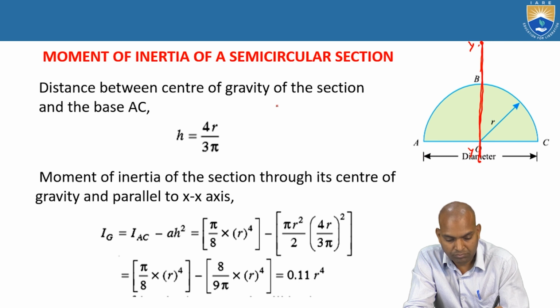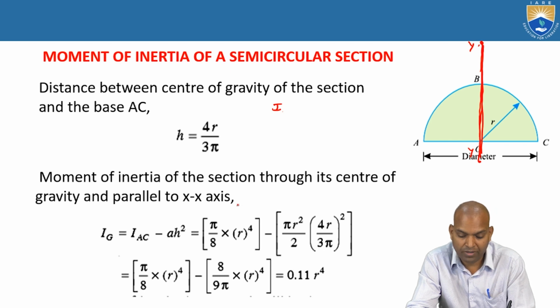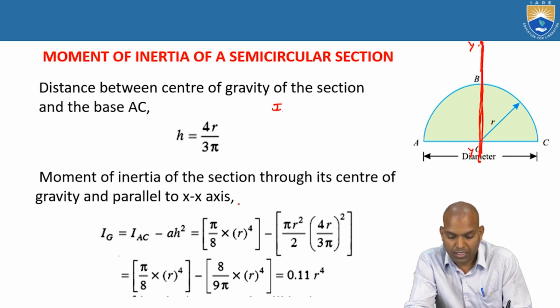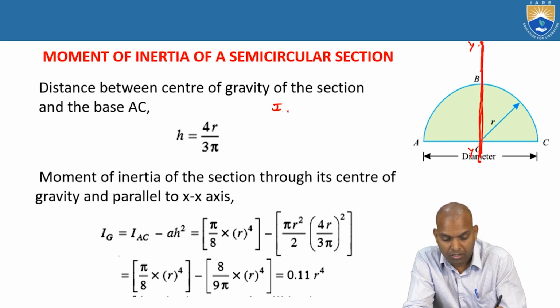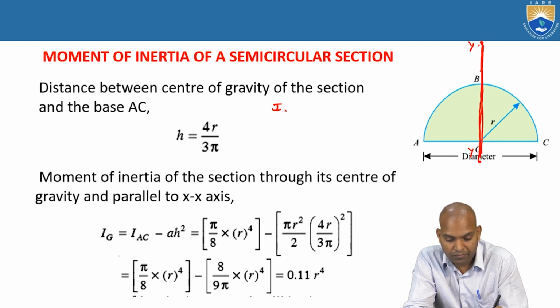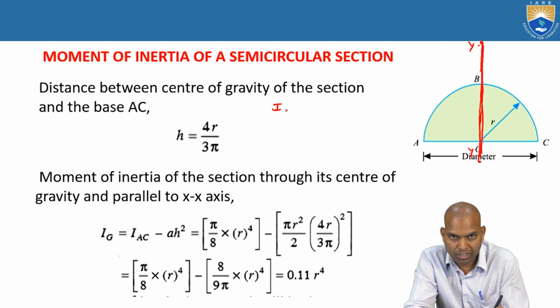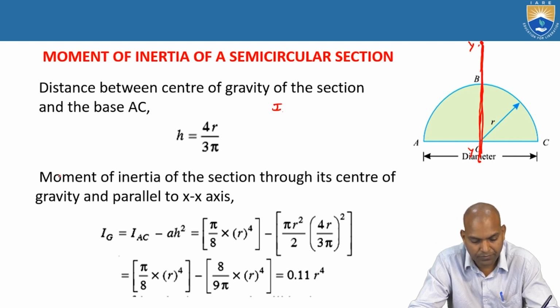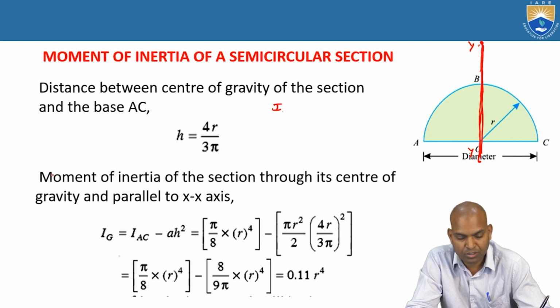Then I_G, what is I_AC? I_AC means that of the circle. Let's think about this I_YY. I_YY is passing through the centroidal axis. Take a reference axis. How do we apply the parallel axis theorem for the semicircular section?